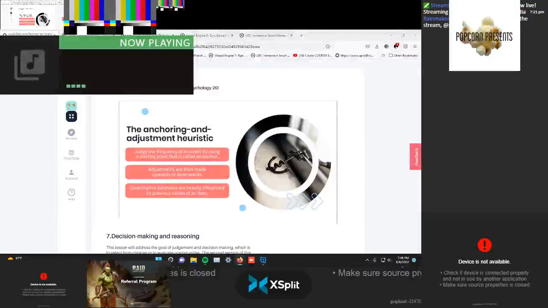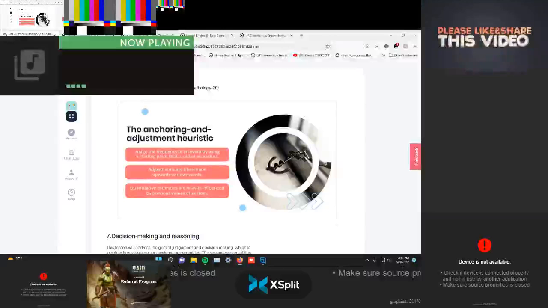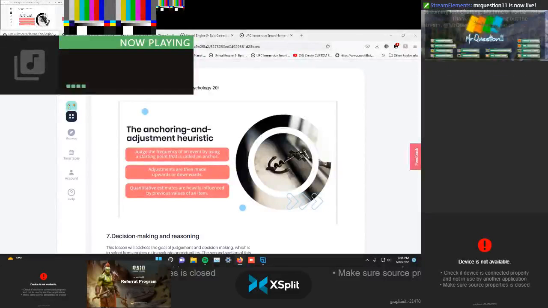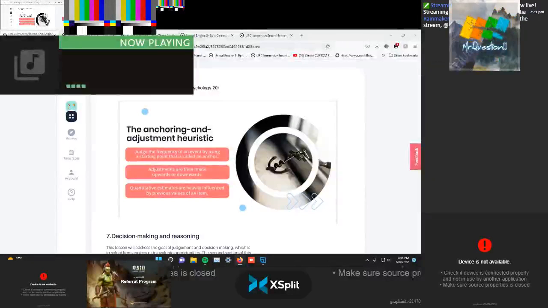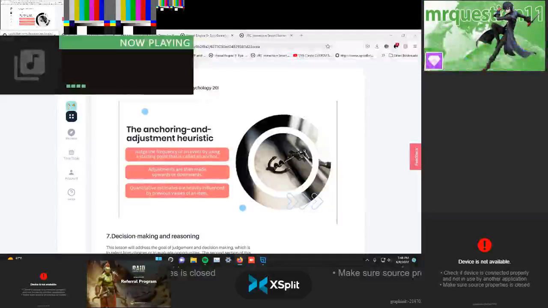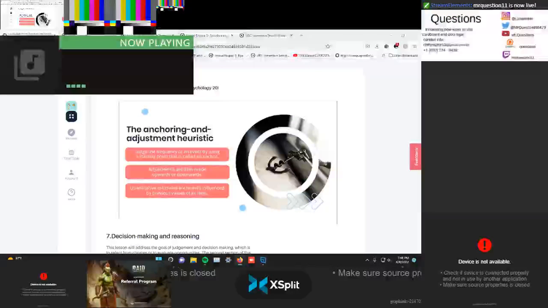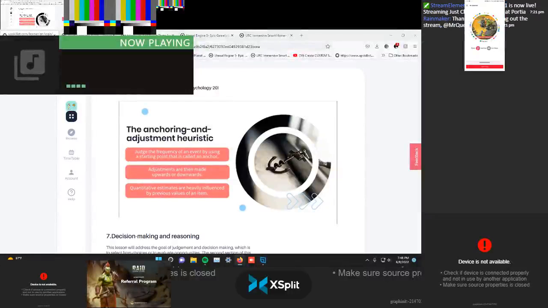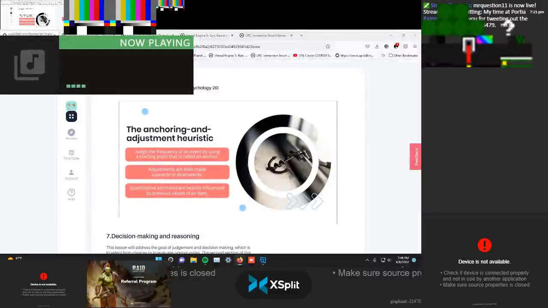The salesman is trying to get the consumer anchored on the high price so that when he offers a lower price, the consumer will estimate that the lower price represents a good value.